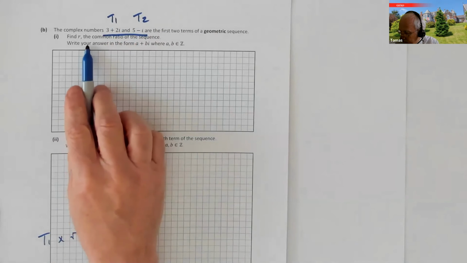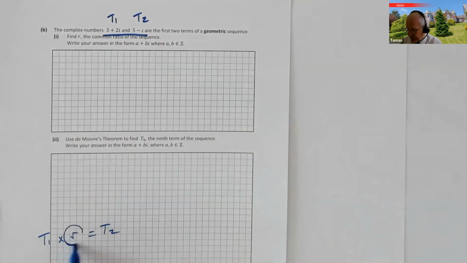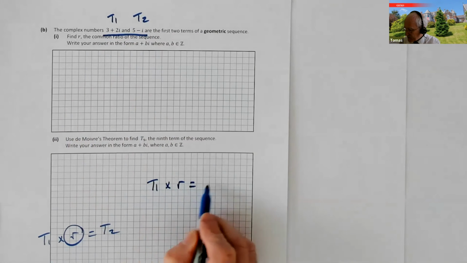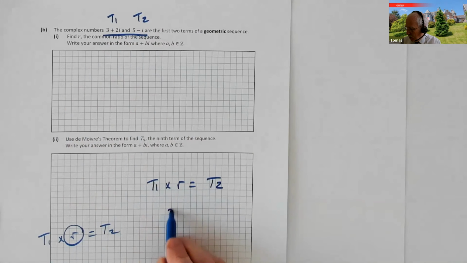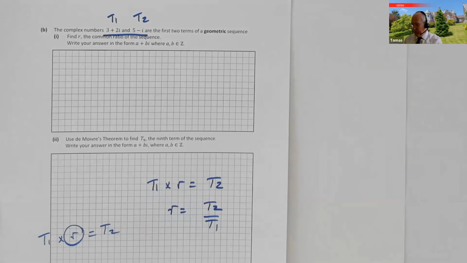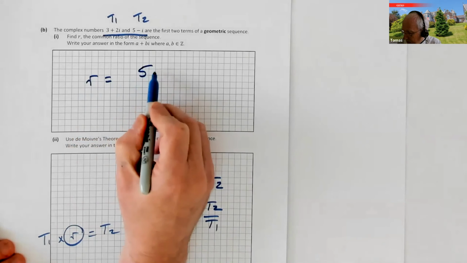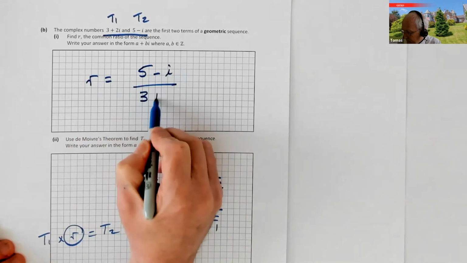And they're saying find the ratio. In other words, find r. What by the first one gives you the second one? Well, if T1 by r gives you T2, r would be T2 over T1. Or really what they're saying is the ratio is the second number divided by the first number.